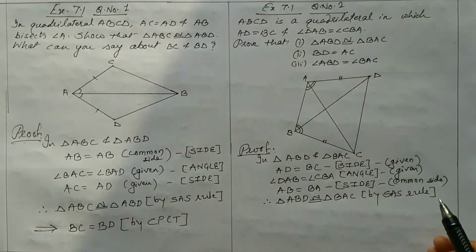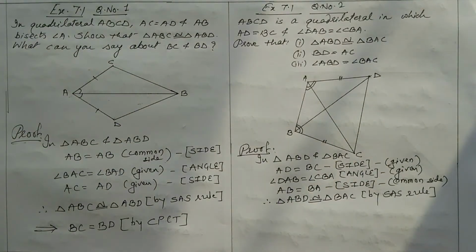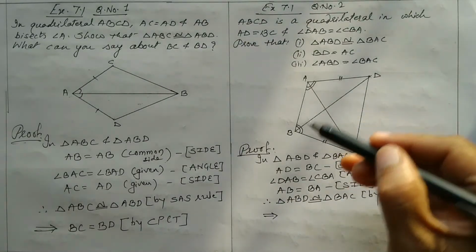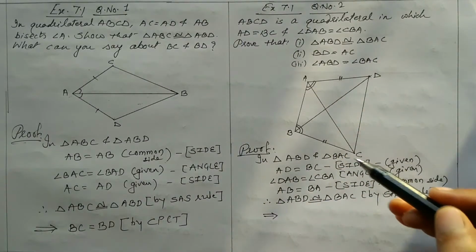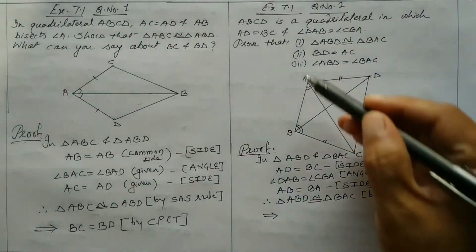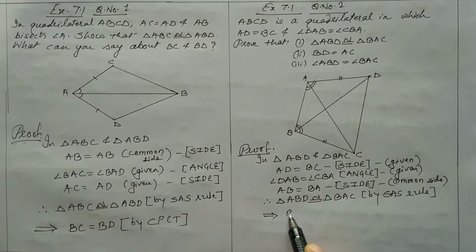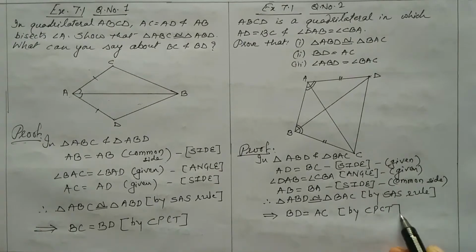Now once the triangles are congruent, the remaining parts are automatically congruent. So it implies that BD is a part of triangle ABD and AC is a part of triangle BAC. So BD is equal to AC, reason by CPCT. And what else you want to prove?